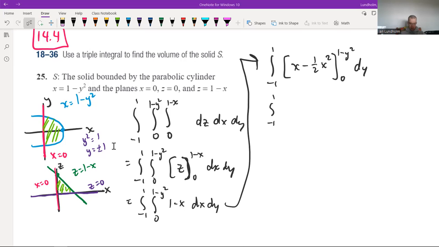So we'd have 1 minus y squared minus 1/2 times 1 minus y squared, squared. Then we simplify this. We have 1 minus y squared, then minus 1/2.